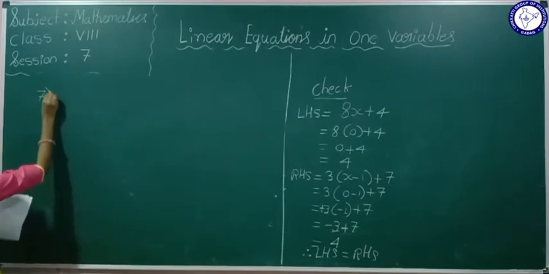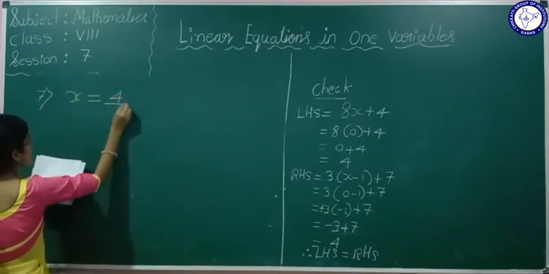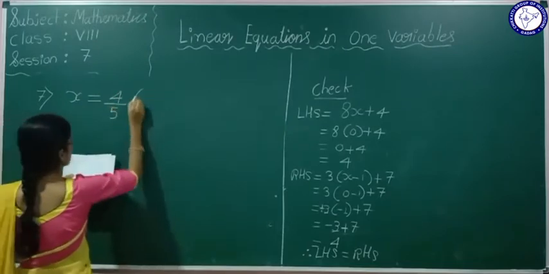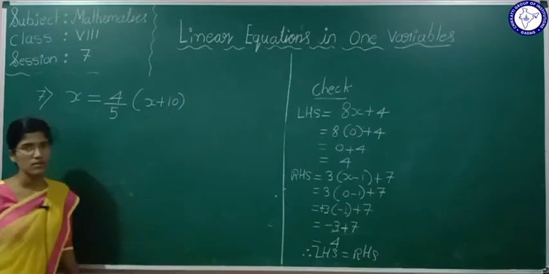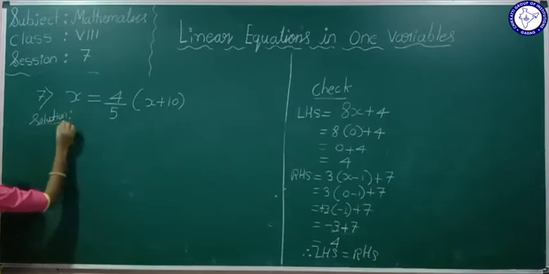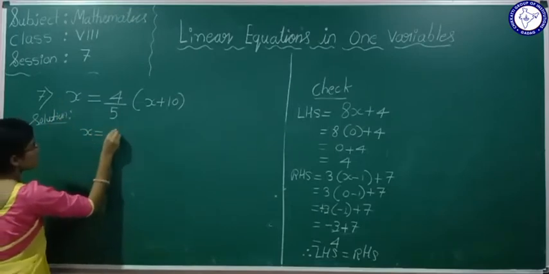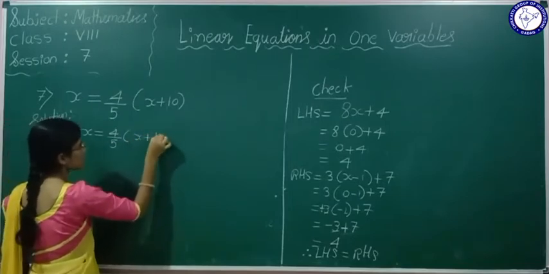7th problem. x is equal to 4 by 5 bracket x plus 10. We have to solve this equation. So what is given? x is equal to 4 by 5 in bracket x plus 10.